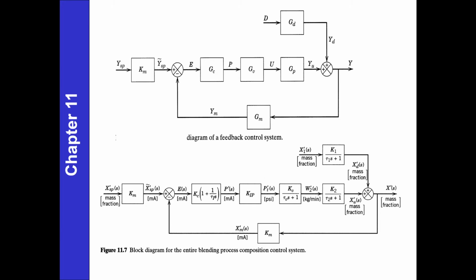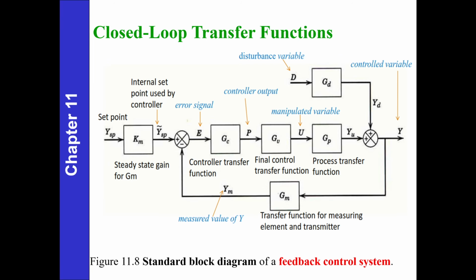Okay, so this is a block diagram, a standard form, a general form, and this is for the specific process. Can you see the difference? Here we have a standard block diagram for feedback control system, and as you can see, we have a letter and a transfer function for each of the components.